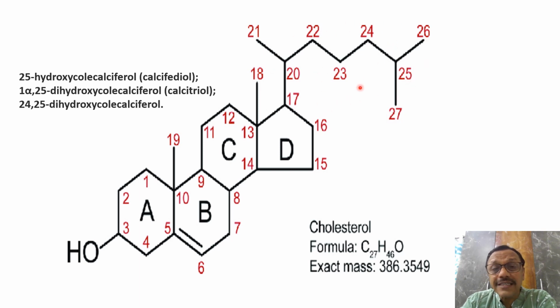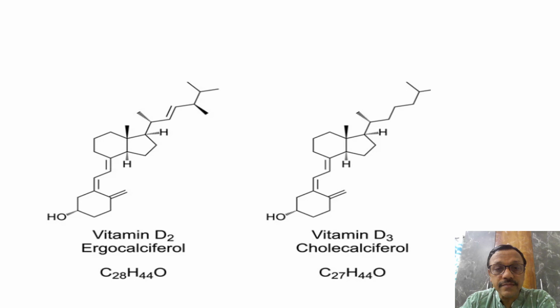This is the side chain which is being attached to the ring D. Now these two are the molecules of vitamin D2 and D3, and just see this is the D portion. Just see the difference in the side chain. Everything remains the same, only because of the difference of the side chain, it is known as vitamin D2 and D3.